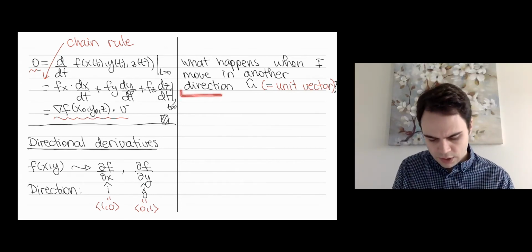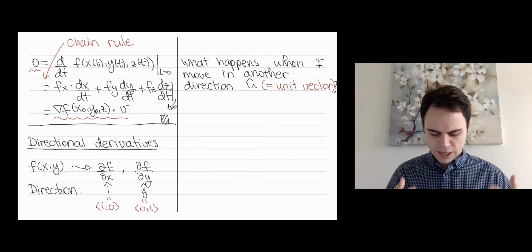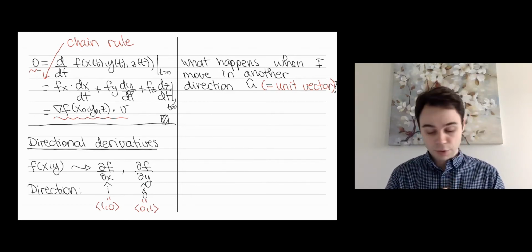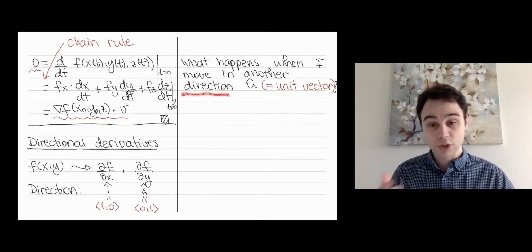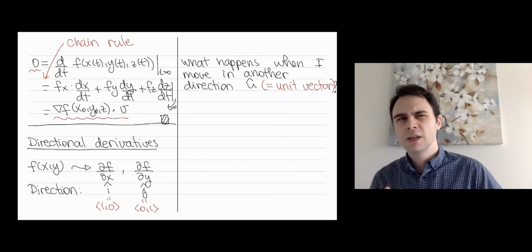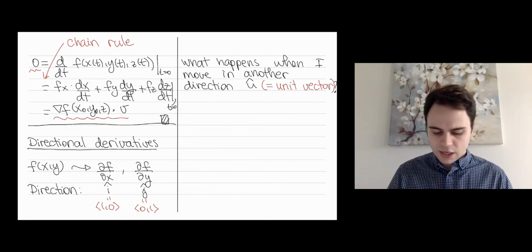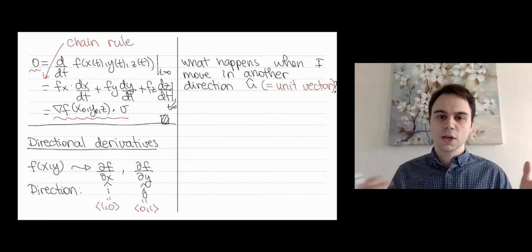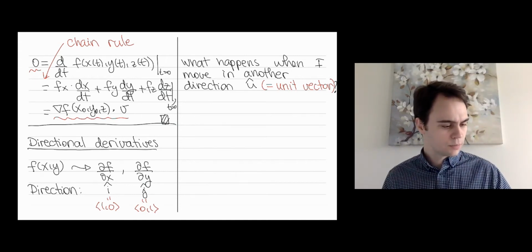So I use the terms direction and unit vector as kind of synonymous every now and then. I think the book does too. So please be aware that sometimes the word direction means unit vector. But if someone asks you for a direction in a homework or in the exam, you can just say in the direction of the vector 2, 1. That's not a unit vector, but it has a well-specified direction.